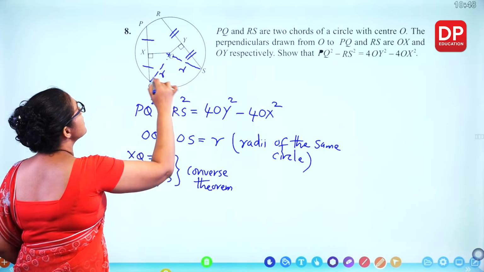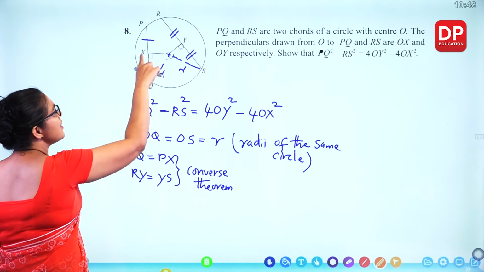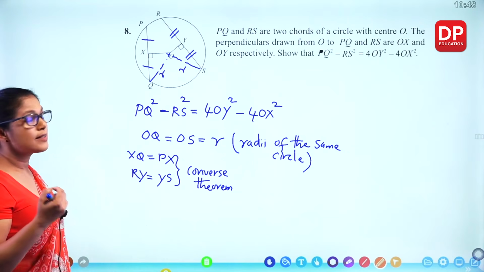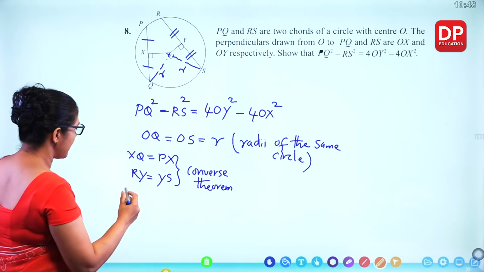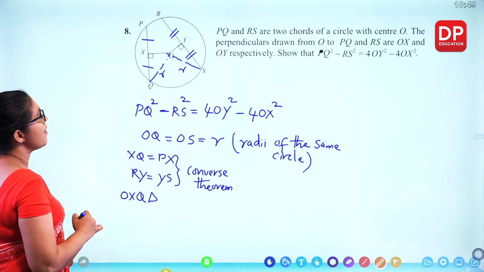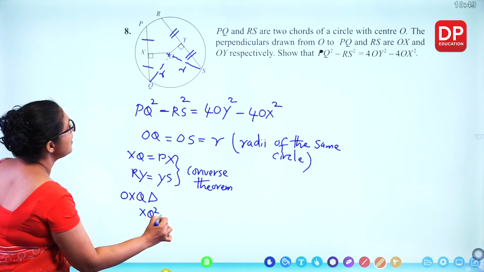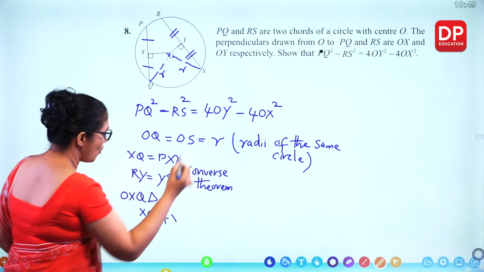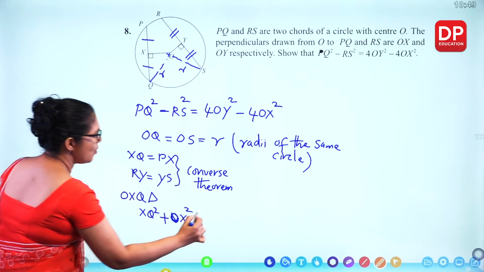So when you look at XQ, here I can write down a small equation using Pythagoras theorem. When you look at OXQ triangle, what can I write? I can write XQ squared plus OX squared is equal to R squared.